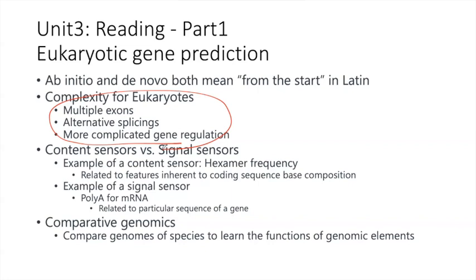By doing this comparison, you can find conserved regions, or you can find variable elements, and you can learn how gene expression is controlled. So the take-home message for comparative genomics is that by comparing genomes of different species, we can learn certain things, especially about function.